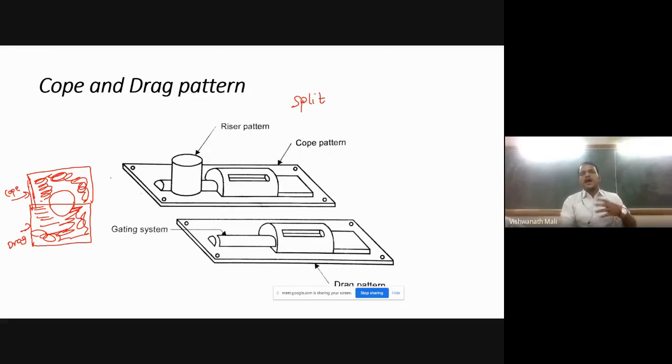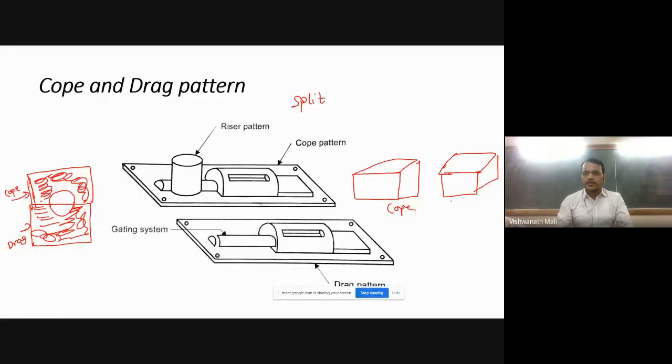But when there is a large production, what we do, we make the mold separately. So this is a cope and drag.